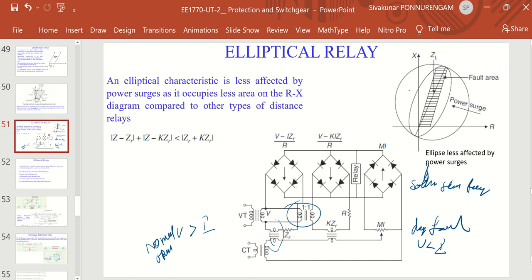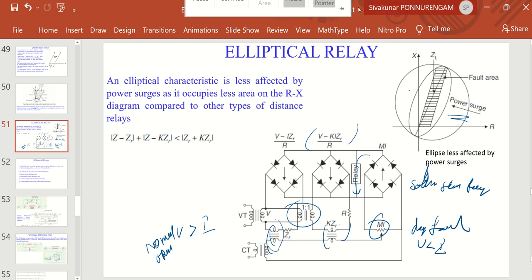This is V minus KI into ZR. Then the resultant current flowing in the relay will operate it. In this operation, the power surge can be controlled by the biasing value K into ZR, which is the biasing, and this is the MI value. Up to this we have seen the electromagnetic type distance relays: impedance, reactance, and mho type relays.